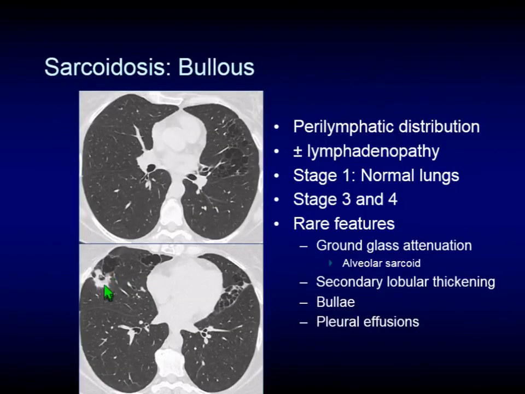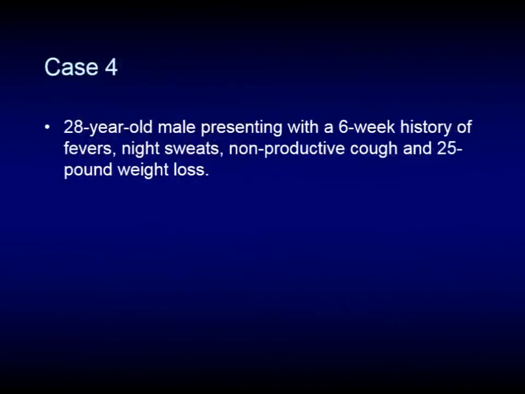On some occasions, you can have what we call bullous sarcoidosis, due to air obstruction and cyst formation, as you can see in this case. And on rare occasions, you may see pleural effusions, but again, that may be in the context of cardiac sarcoidosis with heart failure. All right, moving on.